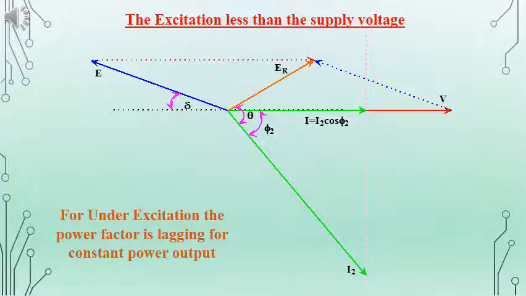From these three cases, we can understand for normal excitation, the machine operates at unity power factor, and if it is overexcited, the synchronous motor operates at leading power factor condition, and for under excitation, the synchronous motor operates at lagging power factor condition.